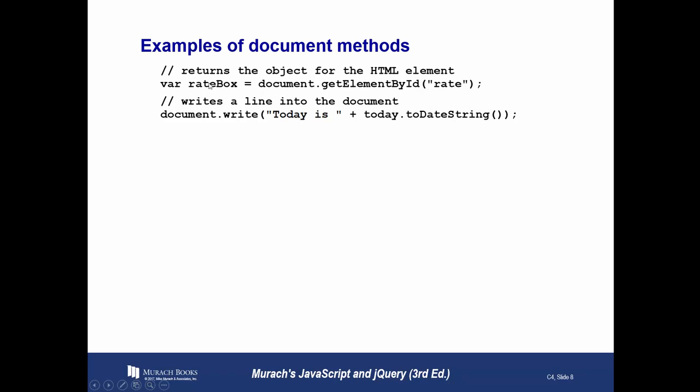It's just an example. There's a lot of uses for this, and as we go on, we're going to use this method as much, if not more, than any other. And please notice the caseness. They're using true camel case. Get is lowercase, element has an uppercase E, by has an uppercase B, and ID has an uppercase I.